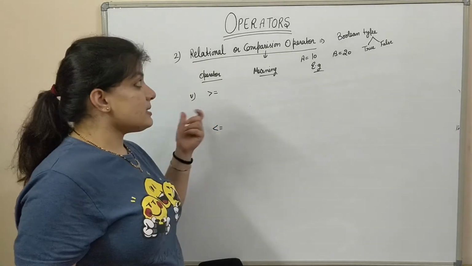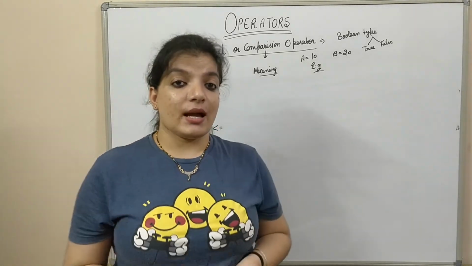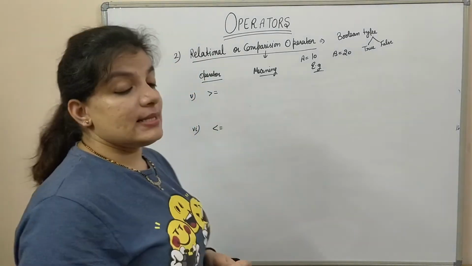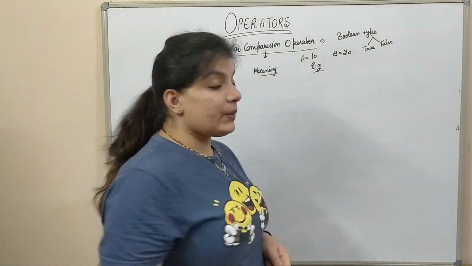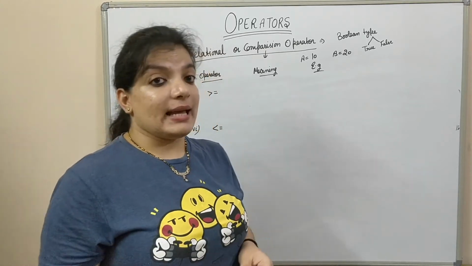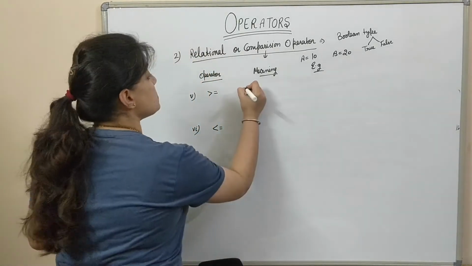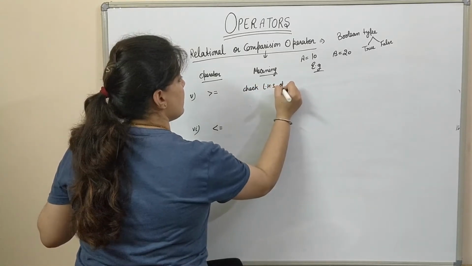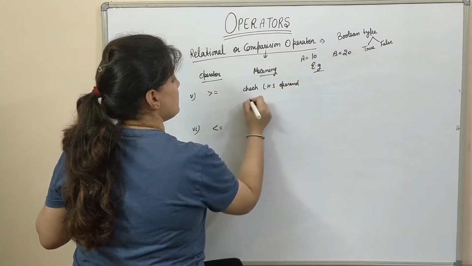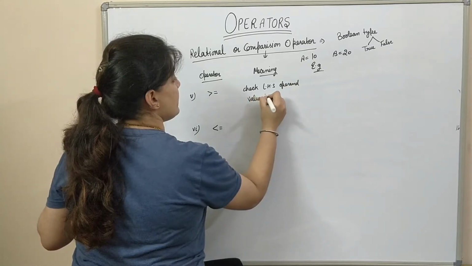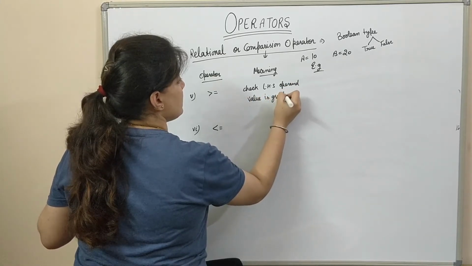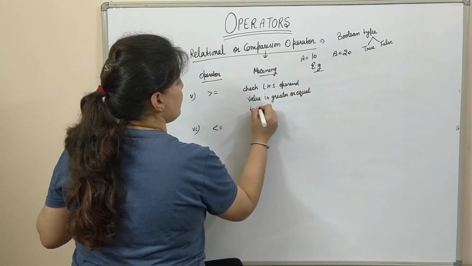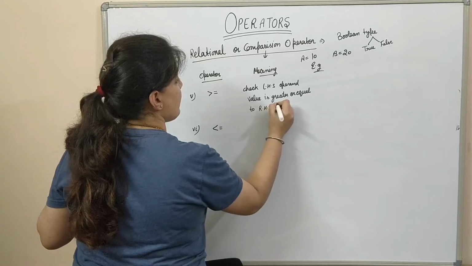This type of operator is used to check whether the left hand side operand value is greater than or equal to the right hand side operand.